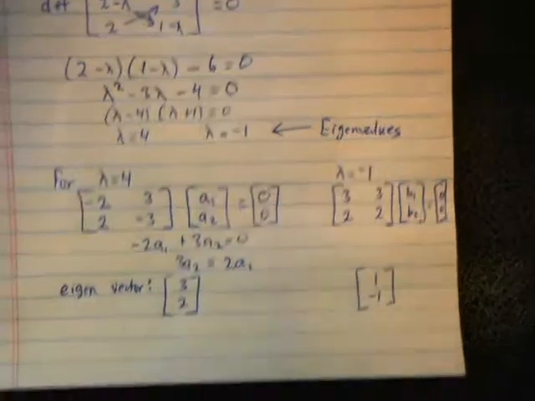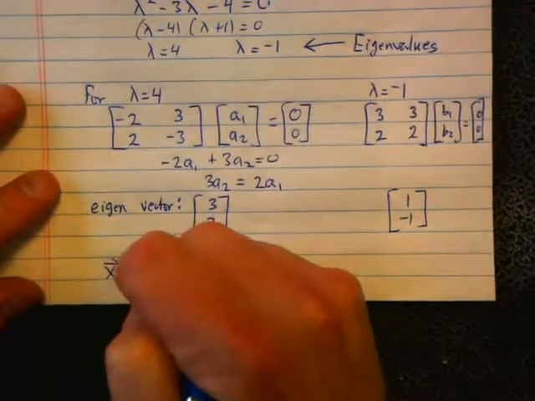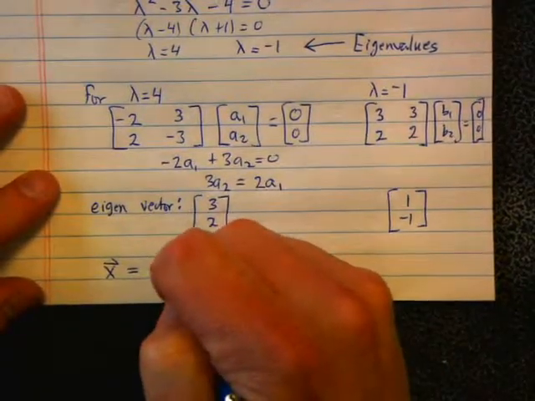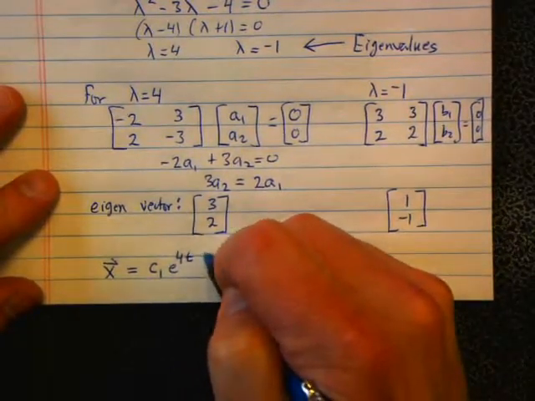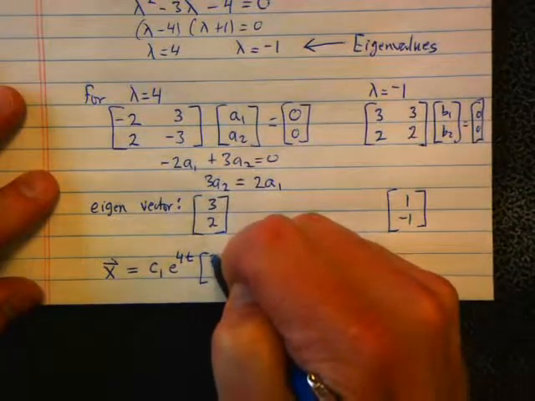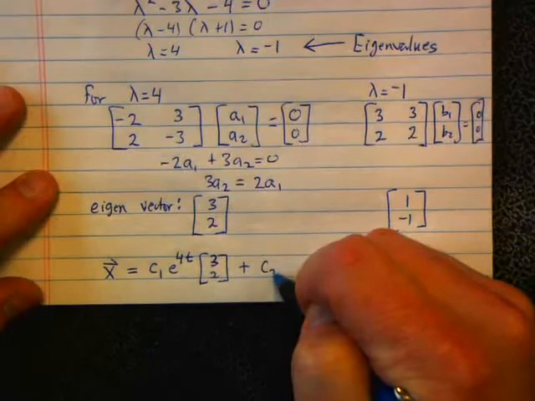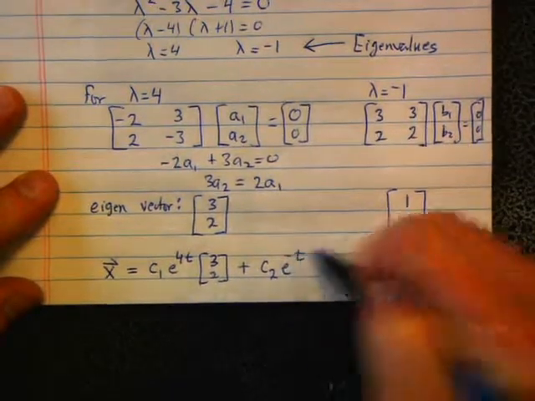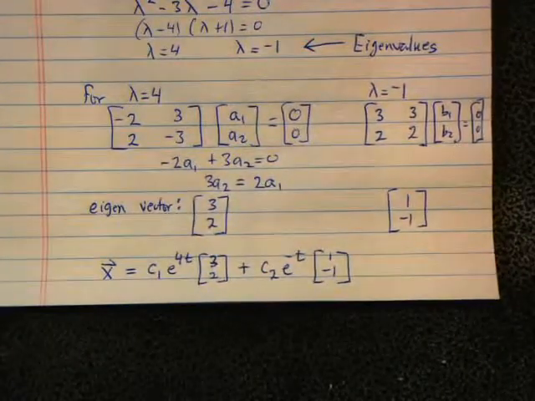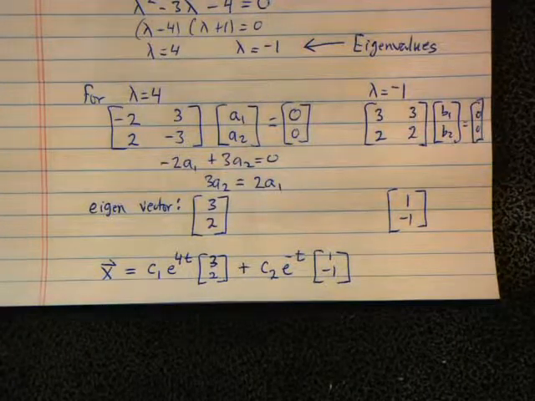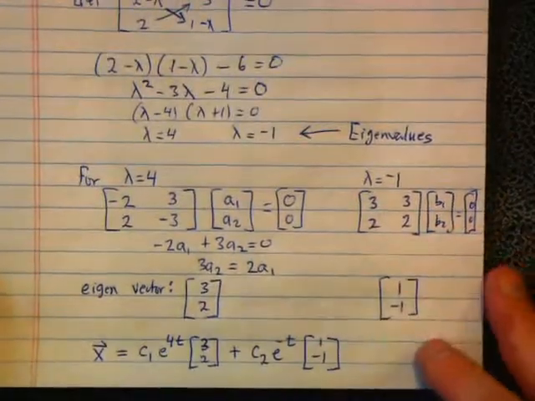Okay, so here's our general solution. Our general solution is the vector x is c1 e to the 4t times our eigenvector 3, 2, plus c2 e to the negative t times 1, negative 1. Or if you prefer, I ran out of room, so I'm going to write it up here.